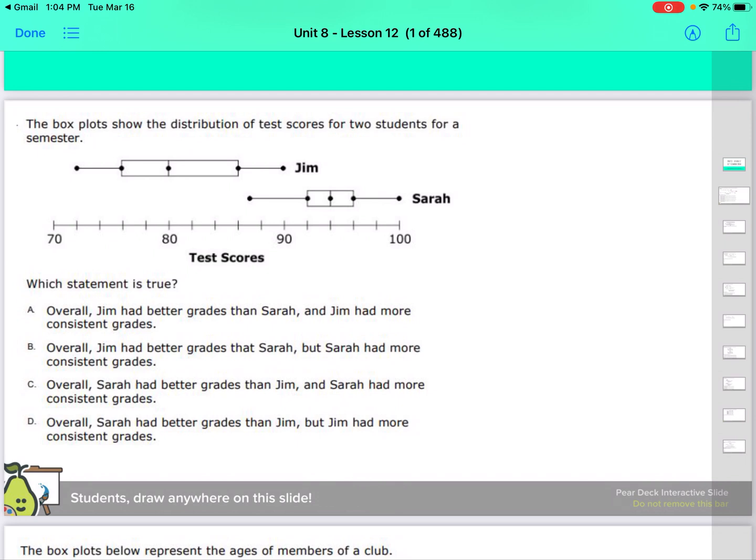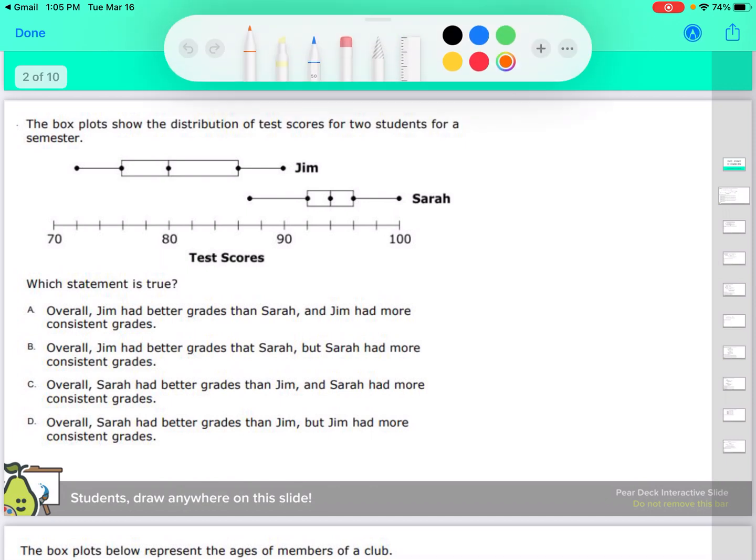Some of these questions look really wordy and it's more ELA than math, but that's okay because we're going to use a system to figure it out. It says the box and whisker plot shows the distribution of test scores for 2 students for a semester. If I look at Jim's scores, I can see he has everything from a 72 to a 90.